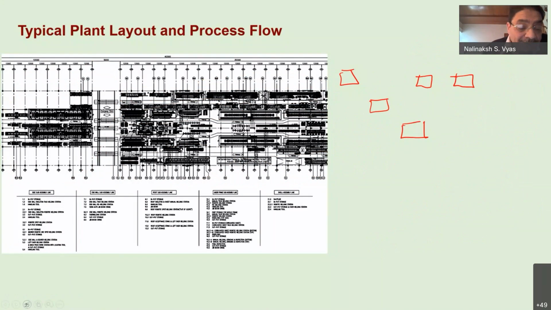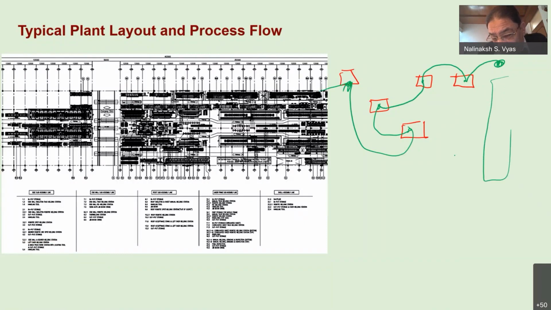And then a component may start from here, go here, and then go here, then go here, then go here, and out. So each component has its own process flow, and large number of these components, large number of these machines.